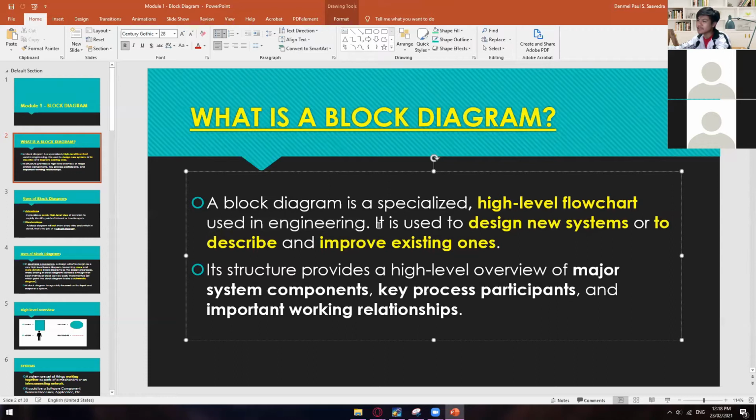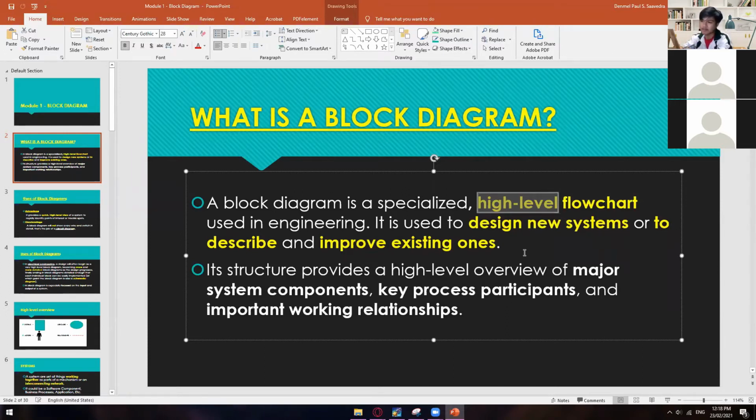It is also used to design new systems, or to describe or improve an existing system. Its structure provides a high-level overview of major system components. Take note, this one only comprises major system components. When we say high-level flowchart or high-level block diagram, you don't need to put everything.